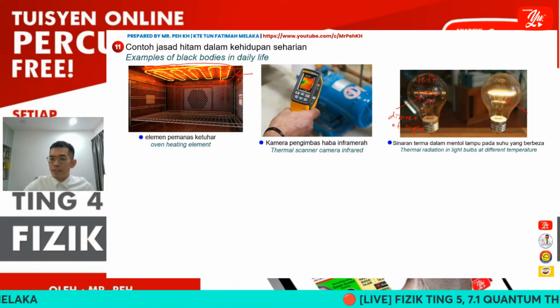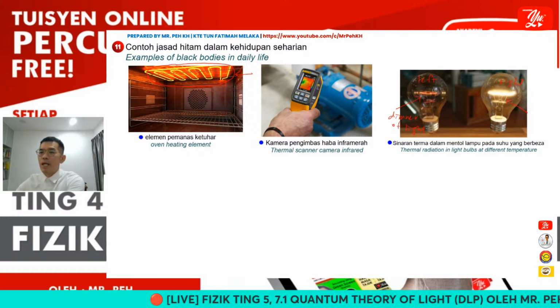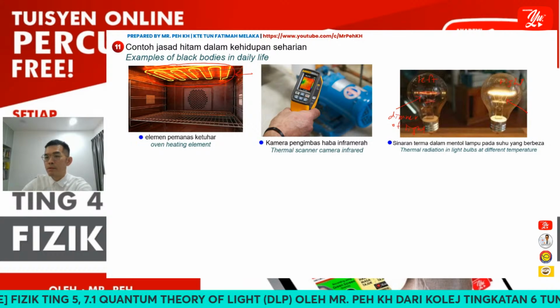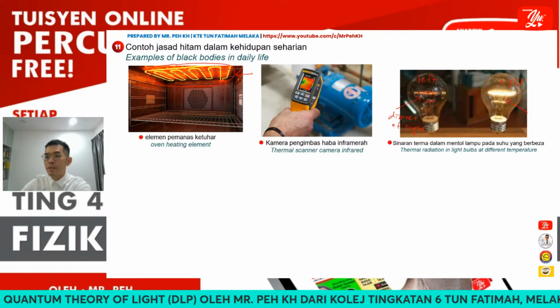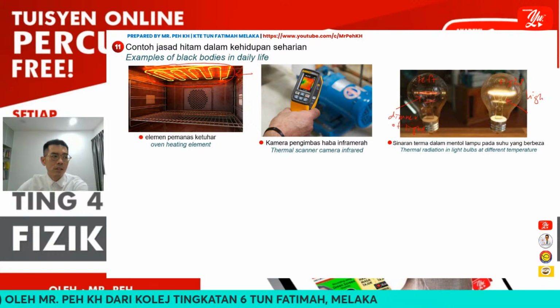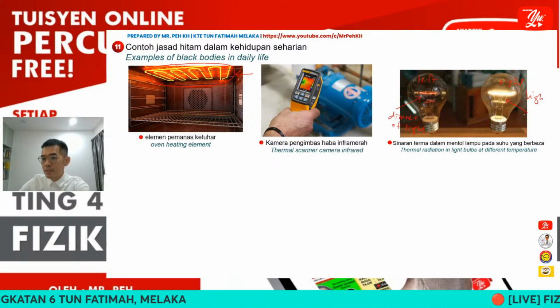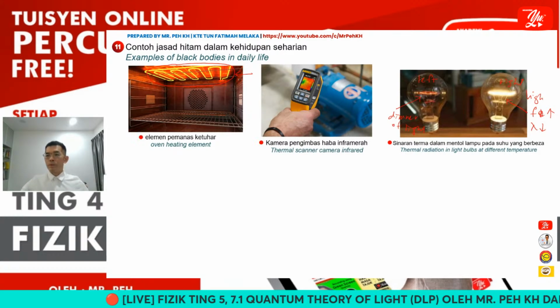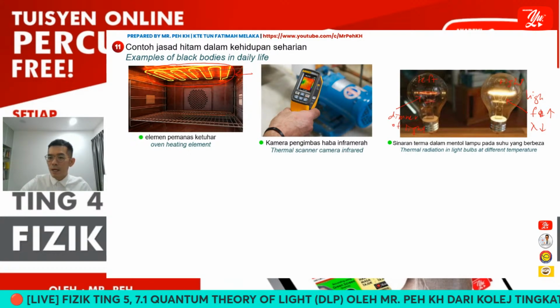On the other hand, for the right bulb, you can see the intensity of light emitted is higher. This is because the surface temperature of the right bulb is higher, so it emits radiation with higher frequency or lower wavelength, which gives brighter light.